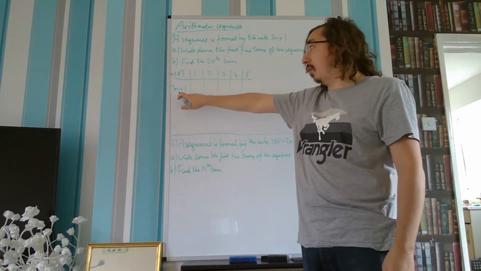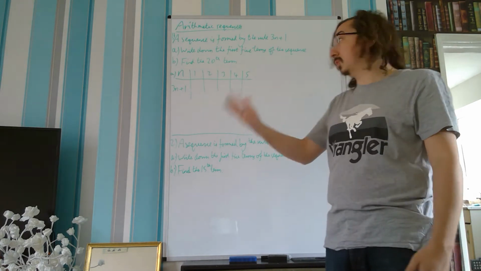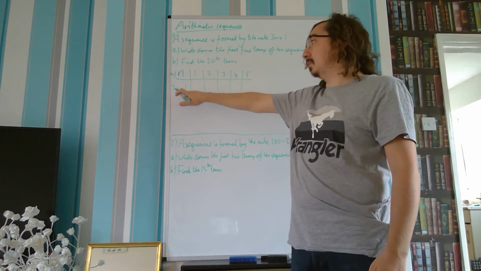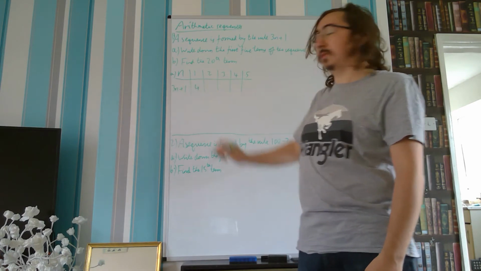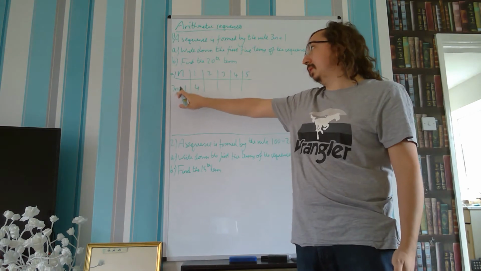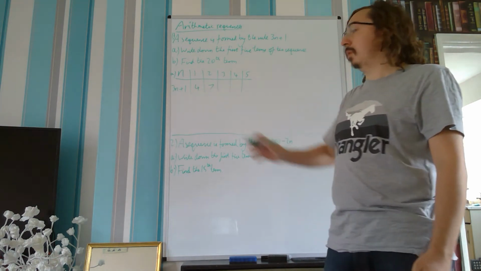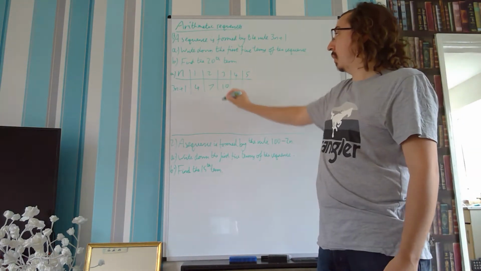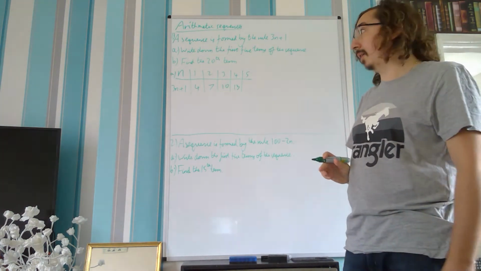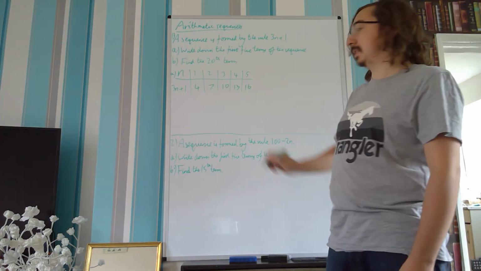So when n is 1, 3n plus 1 will be, and so on. When we substitute 1 in, we have 3 times 1, which is 3, plus 1, which is 4. When we substitute 2 in, 3 times 2 is 6, plus 1, 7. When we substitute 3 in, we get 10, substitute 4 in, 13, substitute 5 in, and we get 16.